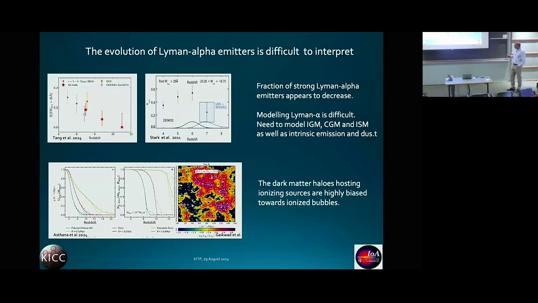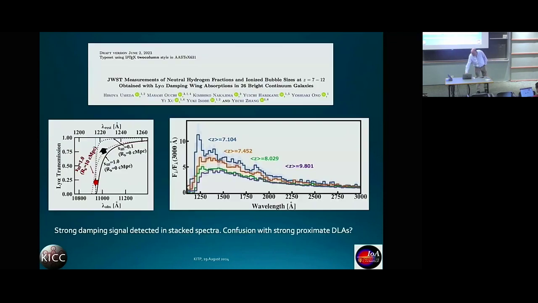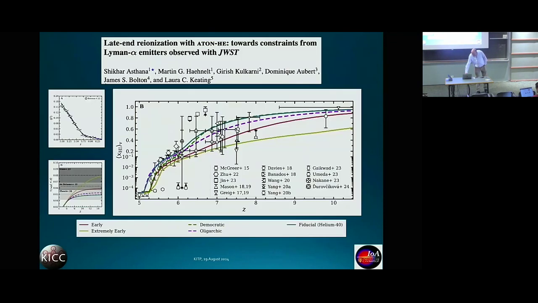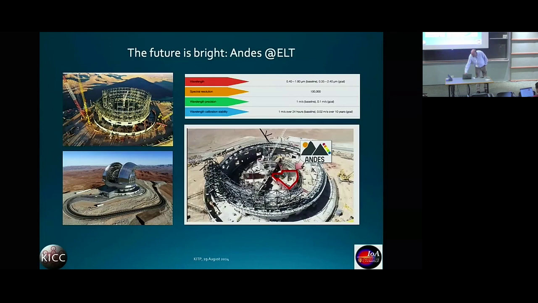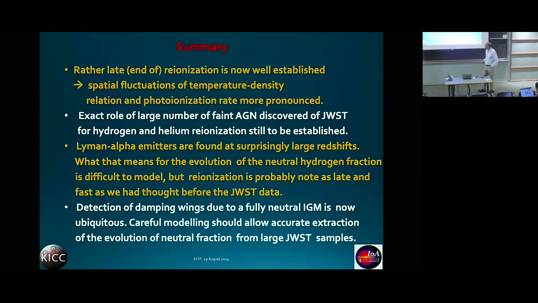So here's a plot of the fraction of ionized regions as a function of the mass of the halo for the different models. And they're coming up in redshift much earlier than the volume fraction. I will skip the one on the damped Lyman-alpha wings and go straight to the conclusions here. And we'll finish here.